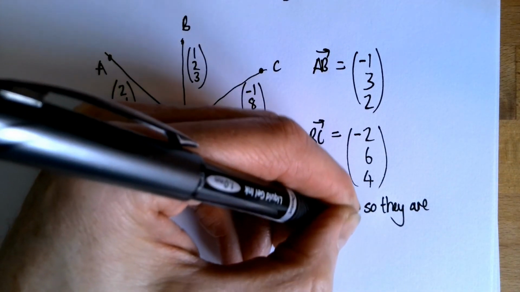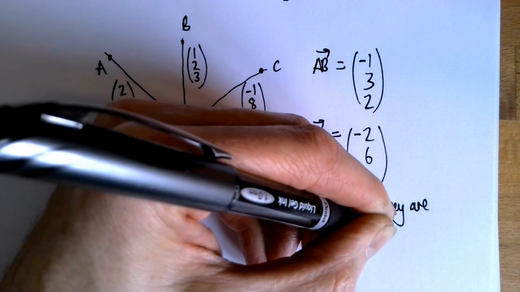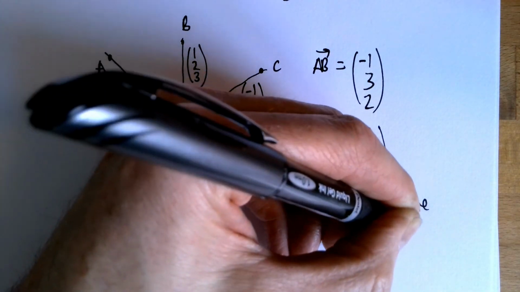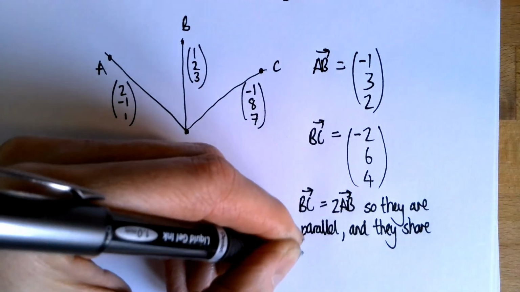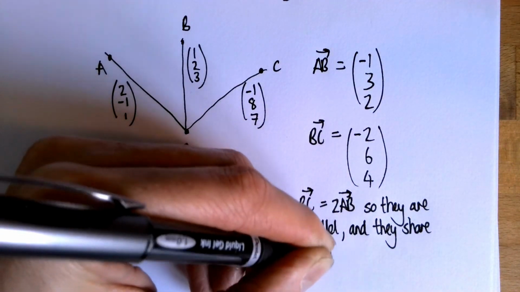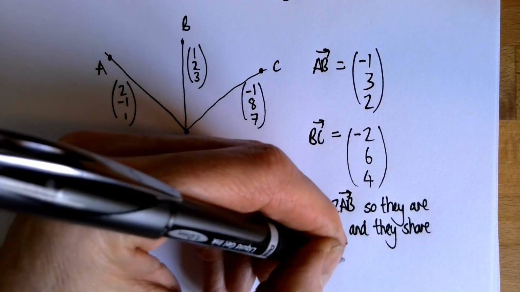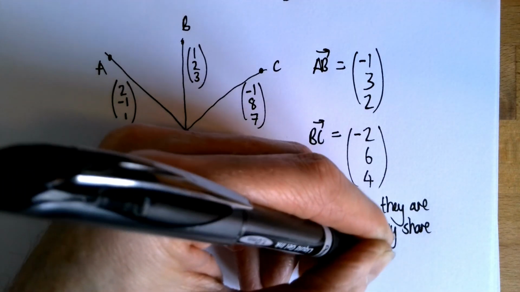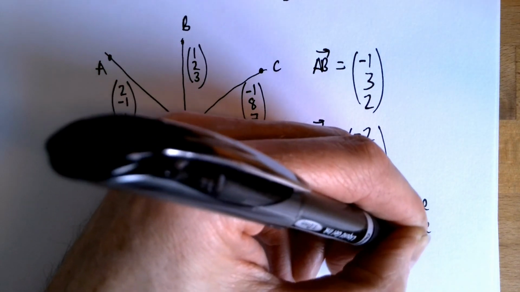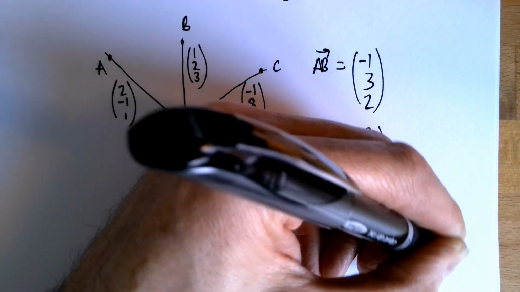But they also share a point. Therefore, they are collinear.